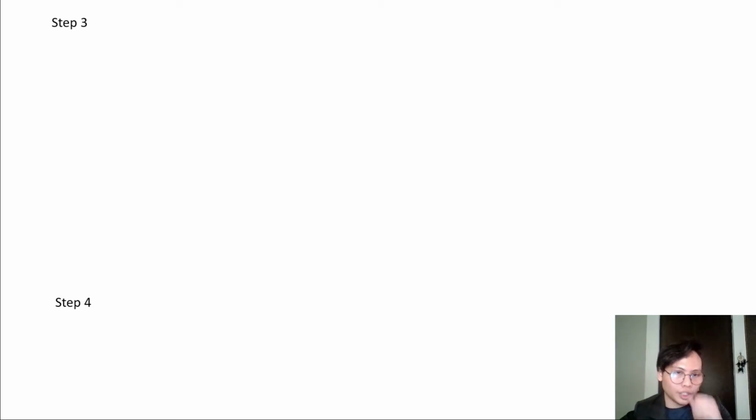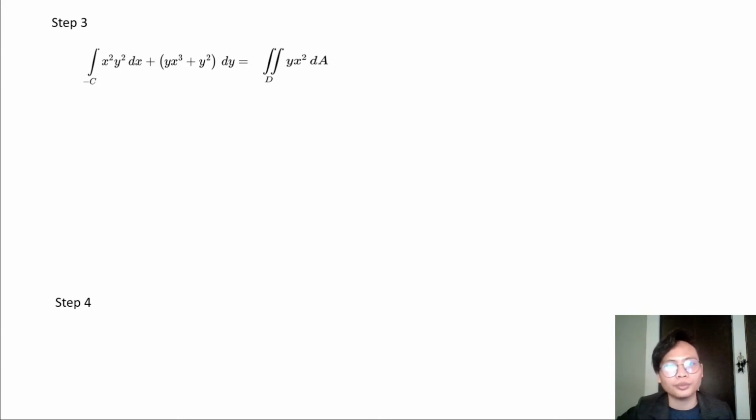Okay, we will proceed to step 3. Now what we need to do is evaluate the double integral to get the value of the line integral over negative C. So the equation will be the integral over negative C of x^2 y^2 dx plus (y x^3 + y^2) dy equal to the double integral over D of y x^2 dA. D is the region, so we need to replace the integral over D with the limits of the region.